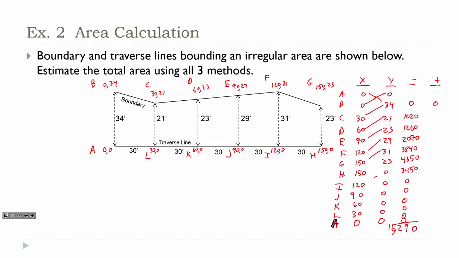So this one's going to be 0, 0. Then our first value is going to be 30 times 23, 690, 1740, 2790, 2760, zeros.